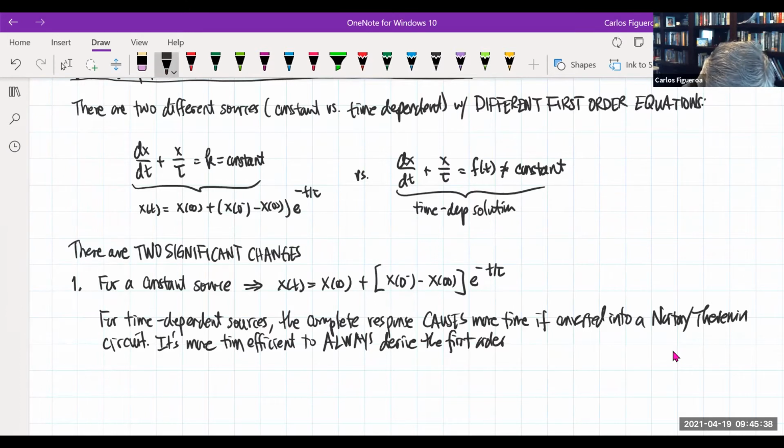First order equation every time. And that's what I'm going to do. And what you're going to find here is that there are really only 3 sources that we might encounter.